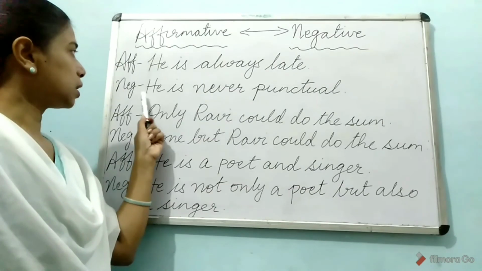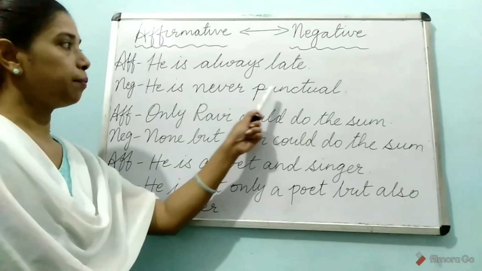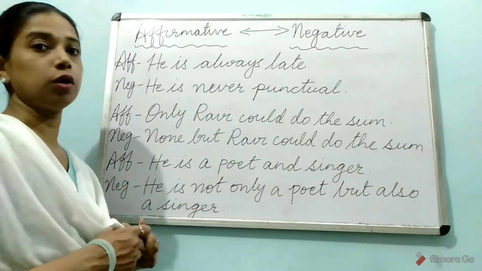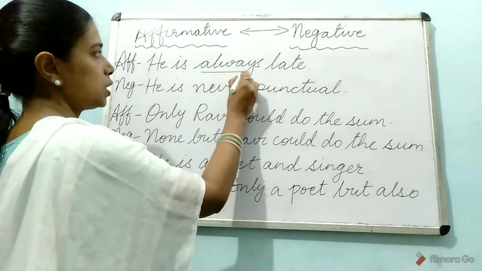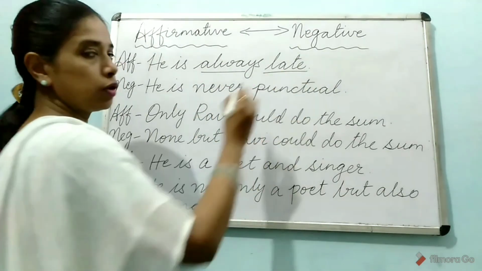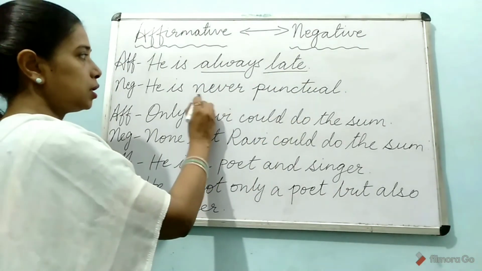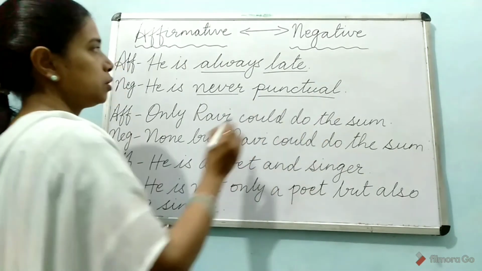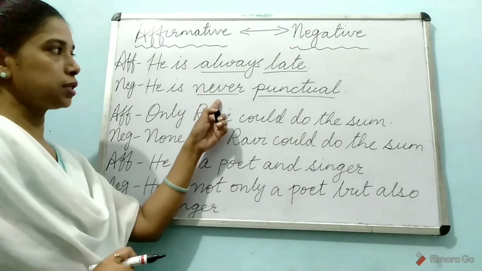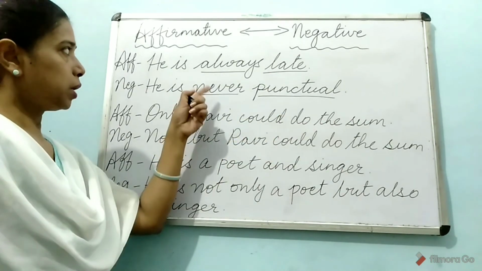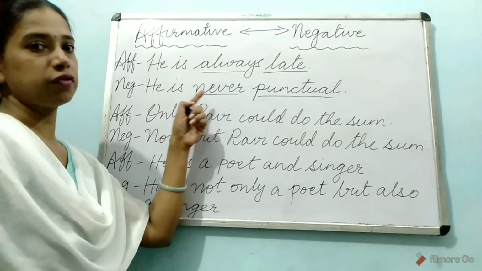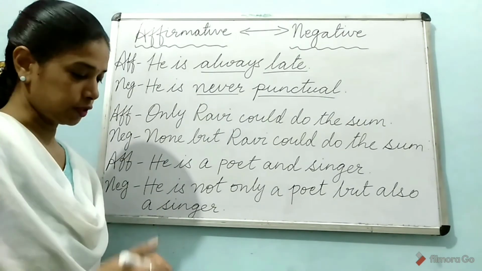Your negative becomes, "He is never punctual." So you have used the opposites of two words: the opposite of "always" and also the opposite of "late." The opposite of "always" is "never" and "late" is "punctual." So in this way, by using the word "never," you have changed it into a negative sentence.